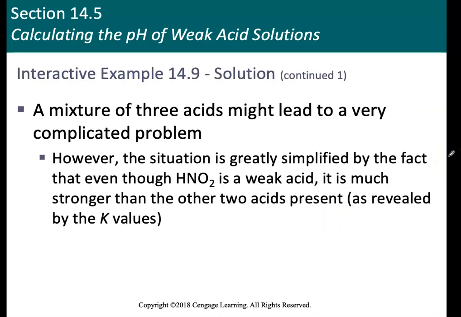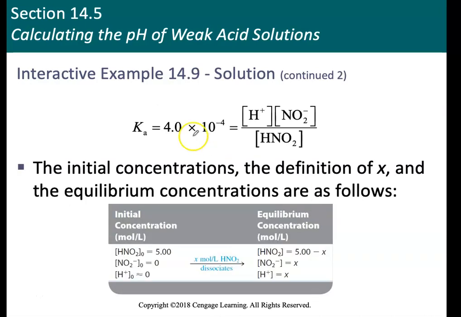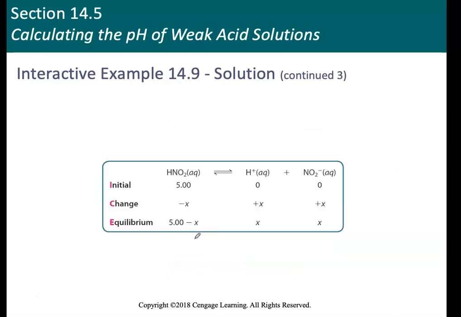So when we come to calculating this problem, we are going to simplify by just dealing with the dominant one, right? So let's look at this species now. That's the Ka value, and that's the Ka expression. So now we can work out the ICE setup for this acid.